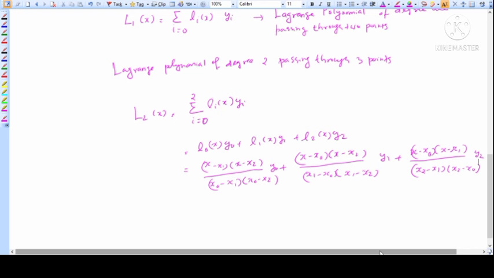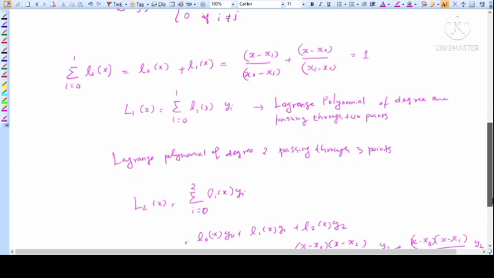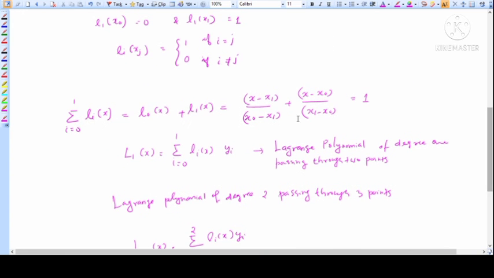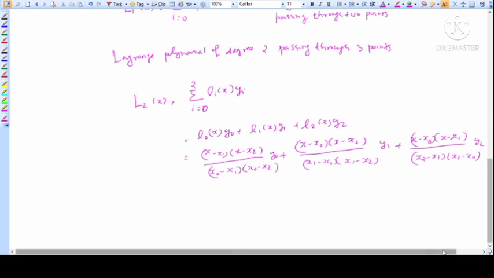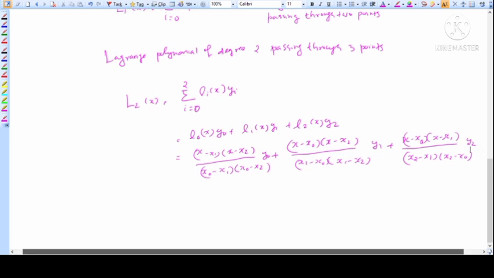For this, the Li must satisfy the above two conditions, that is Li of xj is equal to 0 for i not equal to j and 1 for i equal to j, and also L0 of x plus L1 of x plus L2 of x is equal to 1.